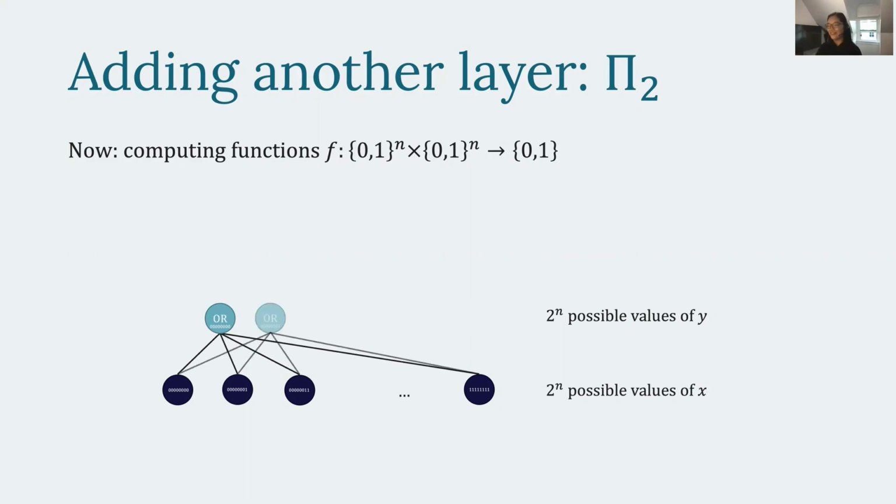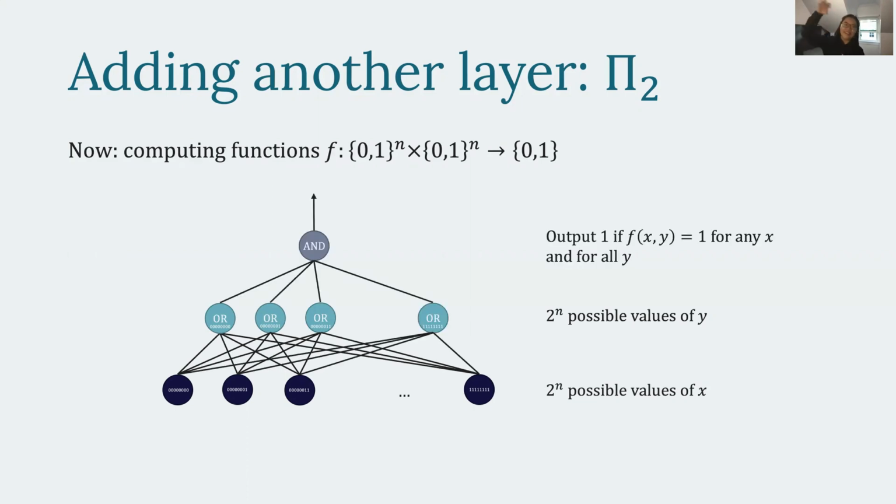So I have 2 to the n x's and 2 to the n ORs, and then I put a giant AND gate on top. What this means is that I will output a 1 if any x and all y's cause the function to output a 1.